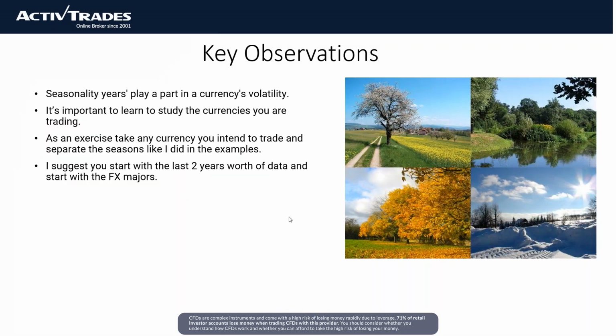So what I can share from my own experience, certainly as primarily an FX trader, is that seasonality plays a part in a currency's volatility, and so it's important to learn to study the currencies, if you work in FX, which ones you're particularly trading. So what I always suggest for every trader is take any currency that you intend to trade and separate the seasons like I did in that example with pound against US dollar.